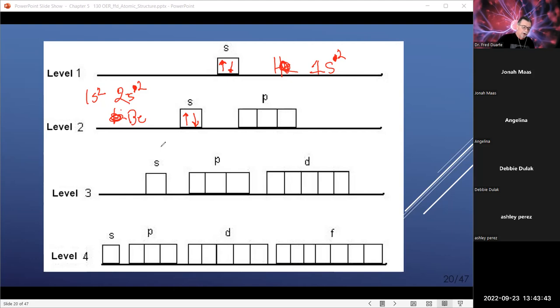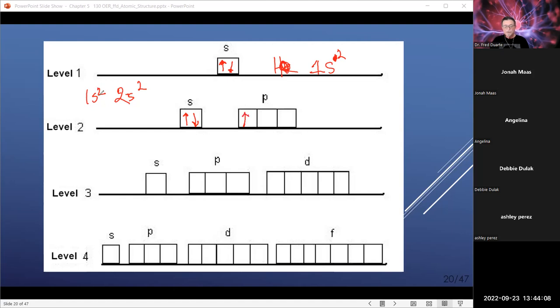All right, so now we enter the next element, which would be boron. Boron is element number 5, and its electron configuration is as follows.